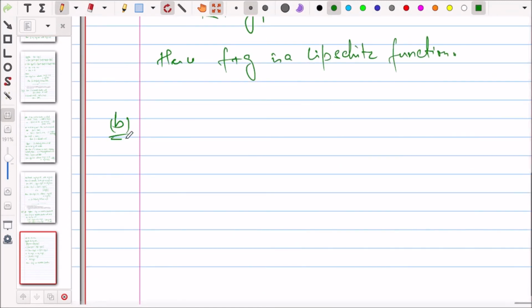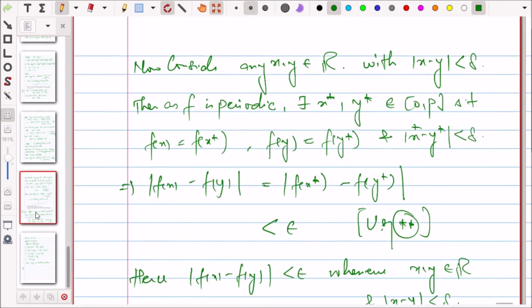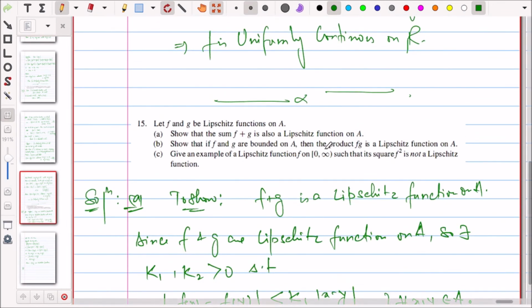Okay, so now we have to consider part B. So what is there in part B? We have to show that if f and g are bounded on A, then the product fg is a Lipschitz function.